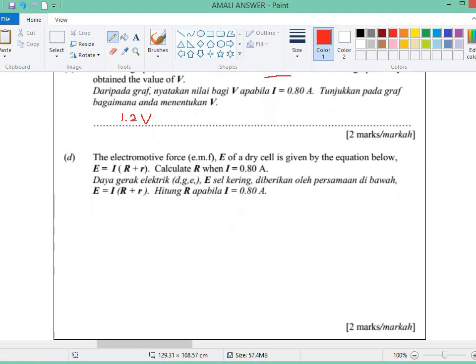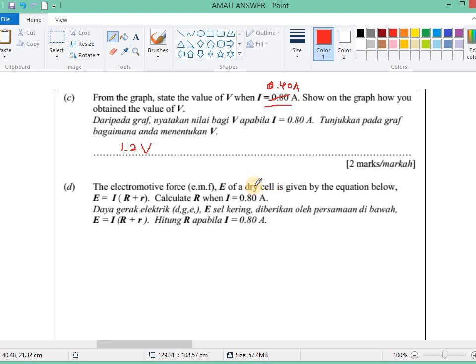Okay, so next, the electromotive force of a dry cell is given by the equation below. E equals to I, R plus R. Calculate R when I equals to 0.8. So this one change to 0.40 ampere. Okay, so this is the equation that they give.